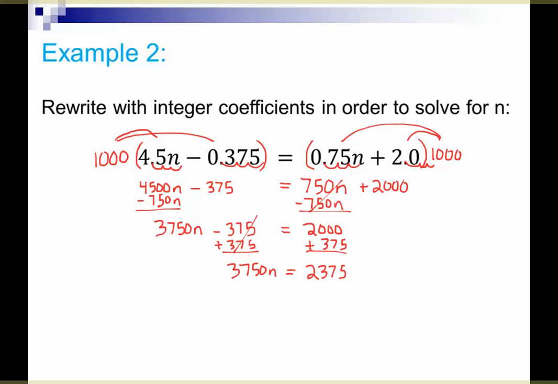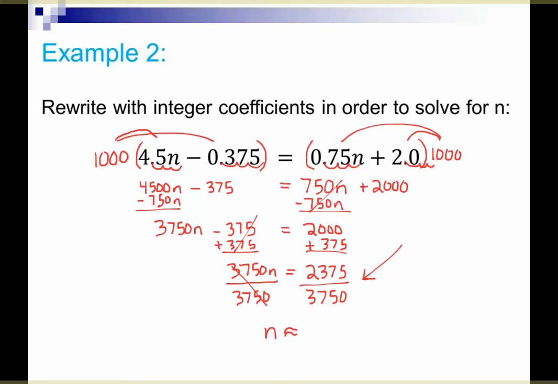Now you want to take both sides and divide by the 3,750 to get rid of that. And that's the number that you're going to need to type into your calculator. Now I asked you to round this to the nearest thousandths place. And I'm going to do that myself really quickly.